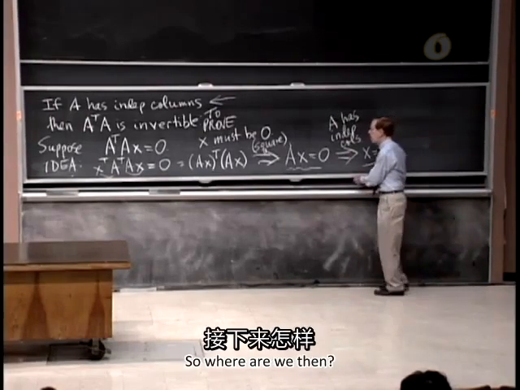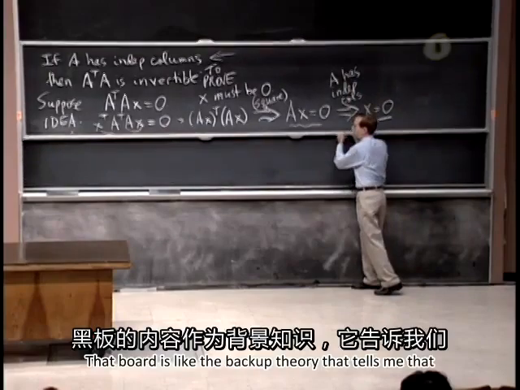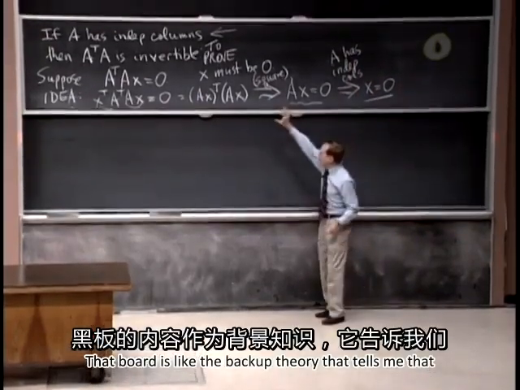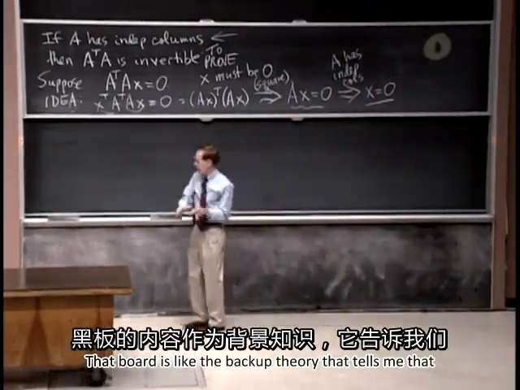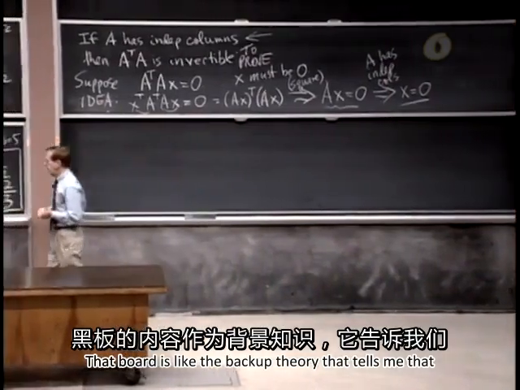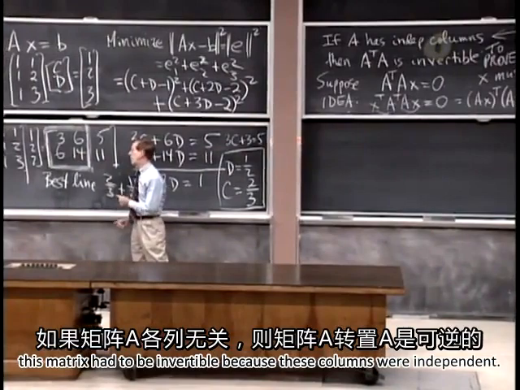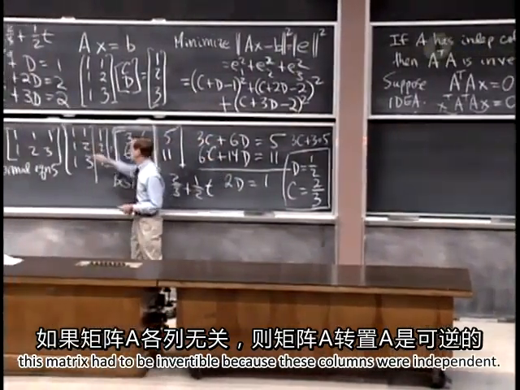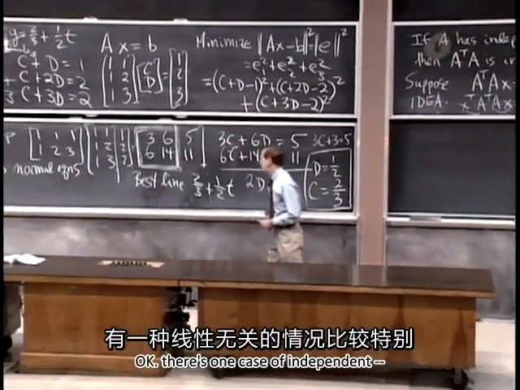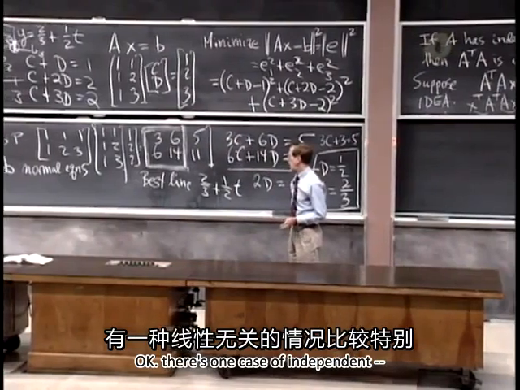All right. So where are we then? That board is like the backup theory that tells me that this matrix had to be invertible because these columns were independent. Okay.